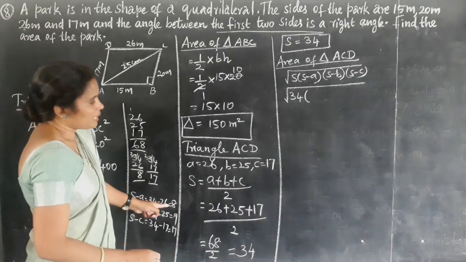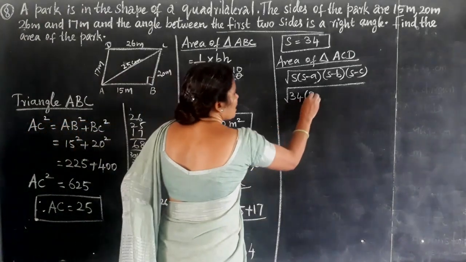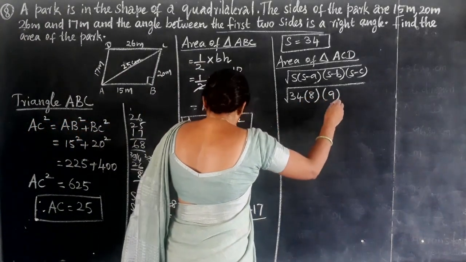Now s minus a is equal to 8, s minus b is 9, and s minus c is 17.